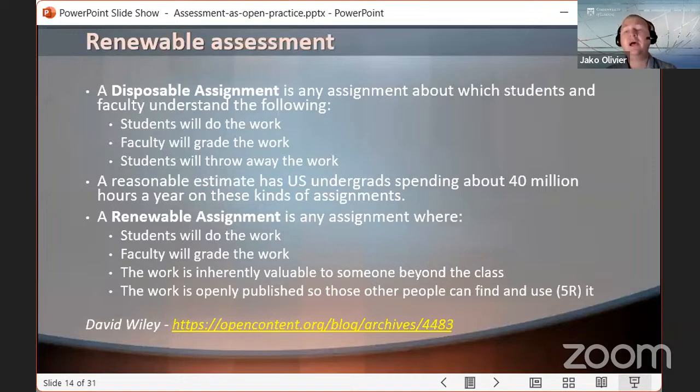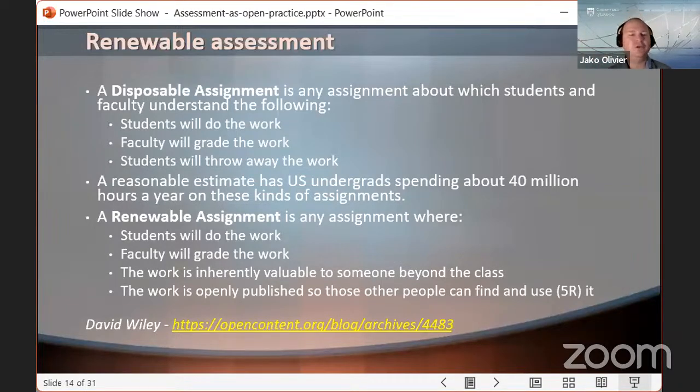So that's 40 million hours spent on something that will just give you a mark and then will be nothing for the rest of society. Think how many hours and how many resources we can actually generate that can be reused by others, in changing that 40 million hours into creating renewable assignments, not keeping it as disposable.